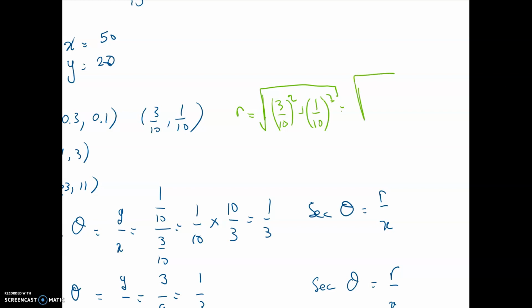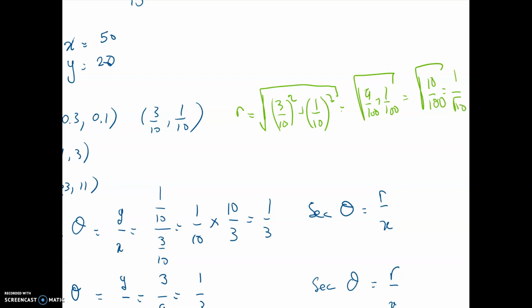Therefore, I end up with the square root of 9 over 100 plus 1 over 100, which is the square root of 10 divided by 100, which is going to be 1 over the square root of 10.